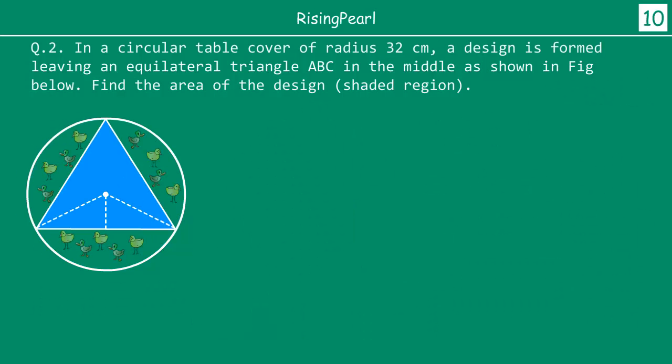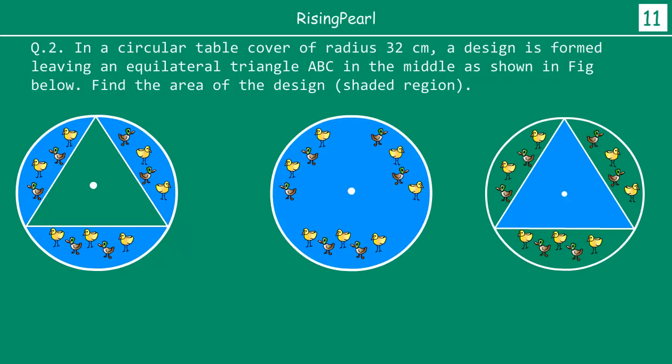So friends, now I think finally we can say that we have what we actually needed. So our desired area: R equals 32, so the area of the circle is pi times 32 square.